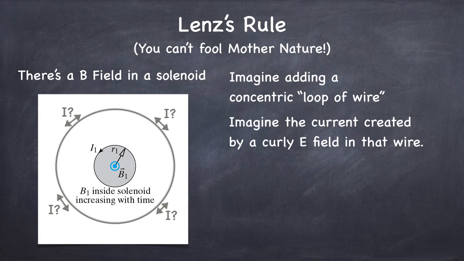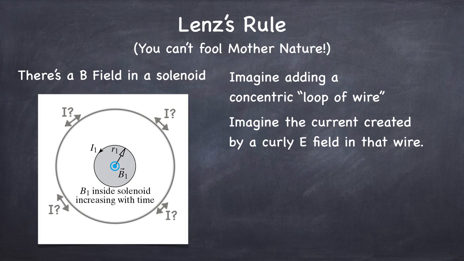Now the reason that's important is if it worked the other way around, in other words, if you increase the field and you could induce a current that would also increase the field, then you could turn the knob, take your hands off, and the current in this coil could keep making the thing change. It could actually carry on without you, and in fact, ultimately you could deduce that it could create energy without any work. So that turns out to be a no-no, and in order to make nature behave reasonably, you have to have it work the other way around.